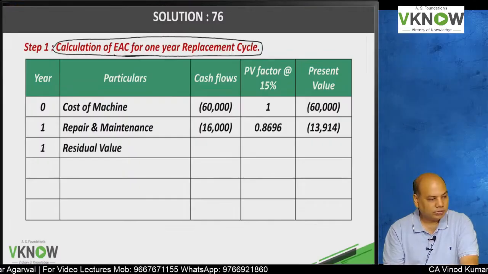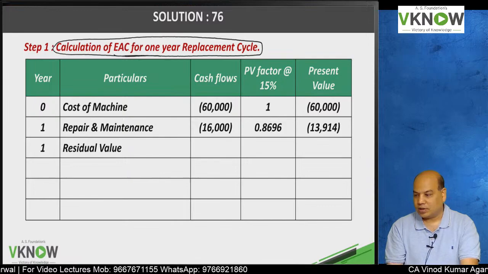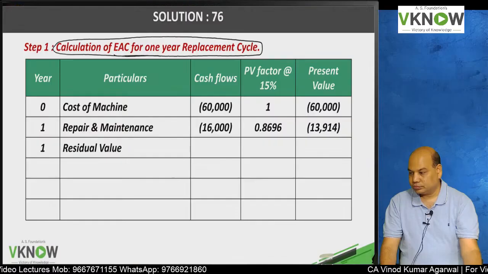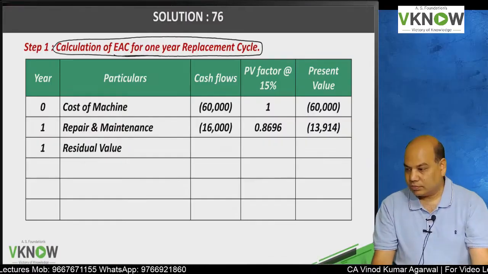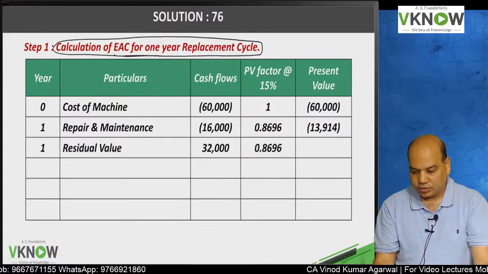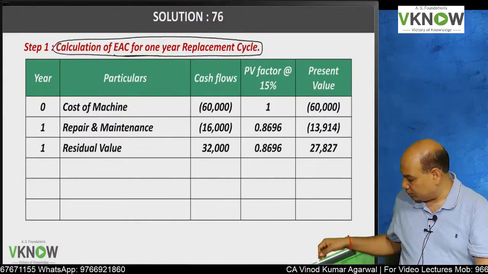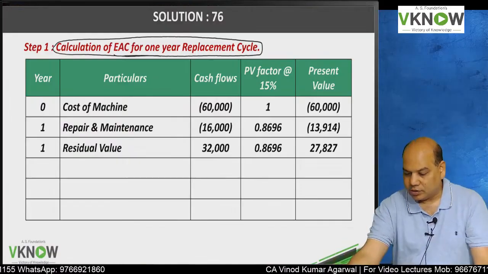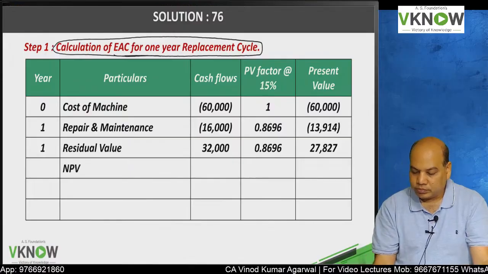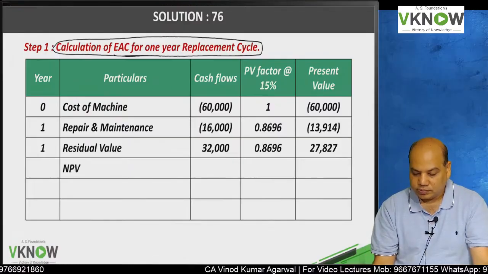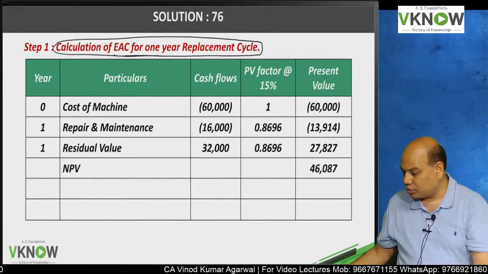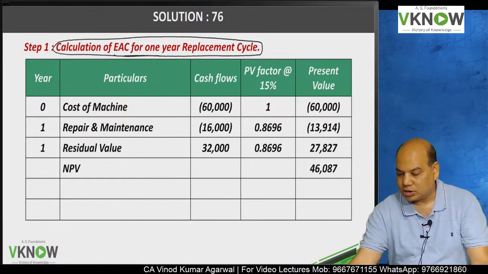And in year 1 you will scrap it. So residual value or scrap value, you will get equal to 32,000. Present value factor is given. Use the factor if given. So my NPV means PV of cash inflow minus PV of cash outflow.